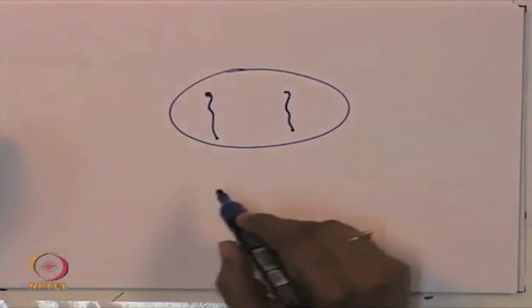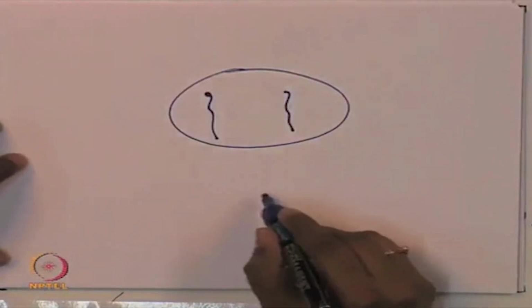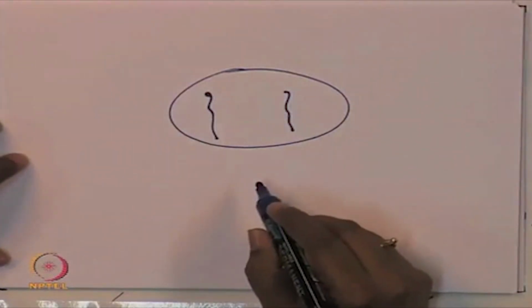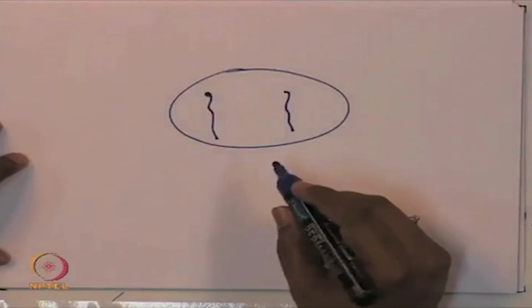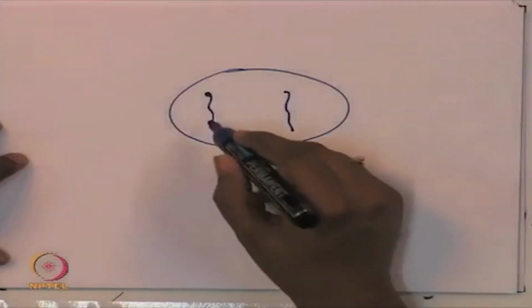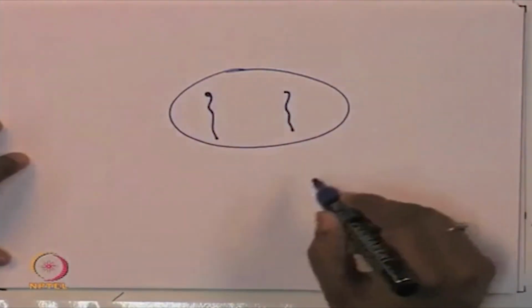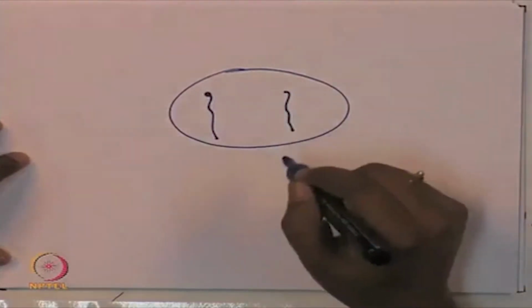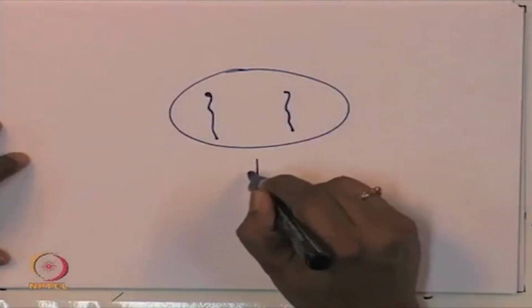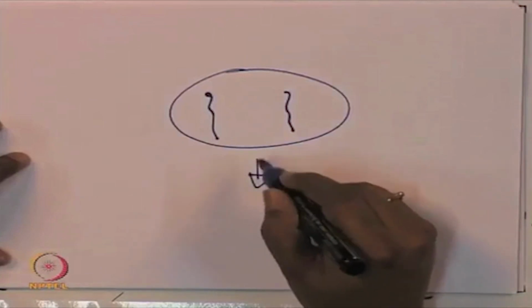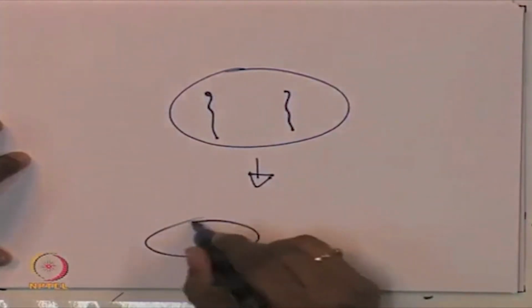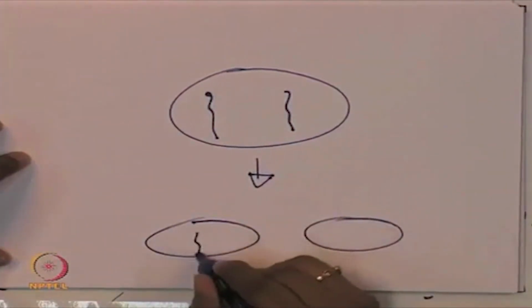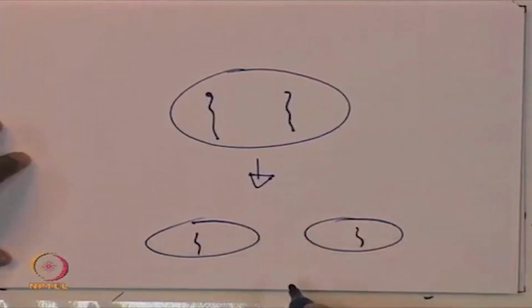Okay. Now, after the cell division, you have to make these 2 chromosomes. Forget the biology of this, forget the biological detail. What we want is 2 cells with chromosomes like this.